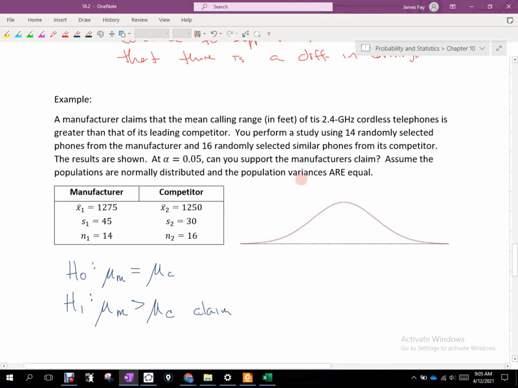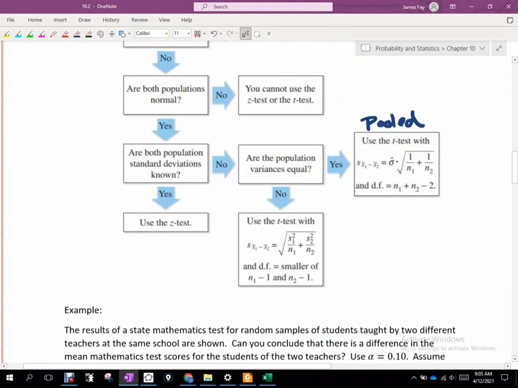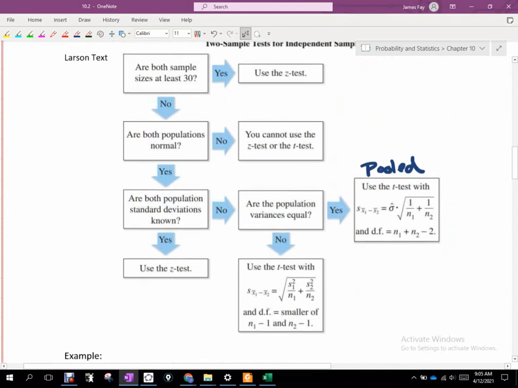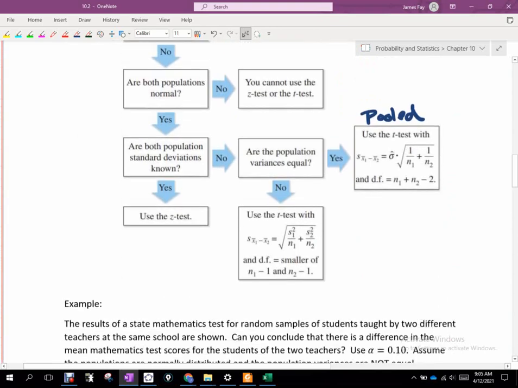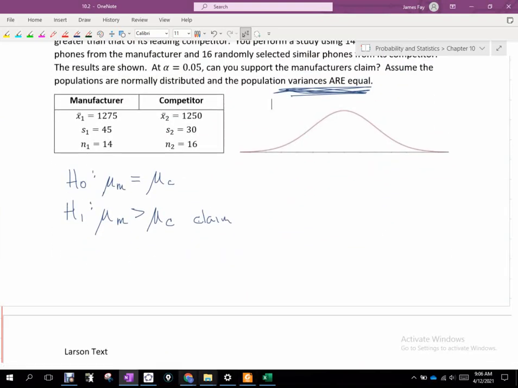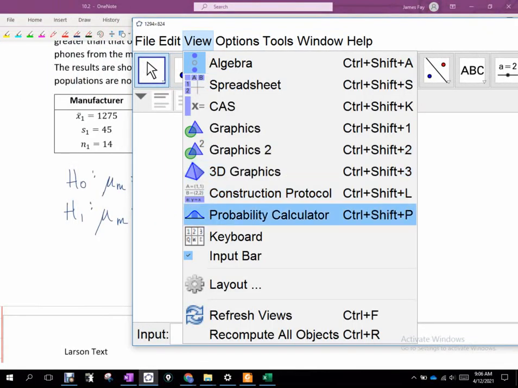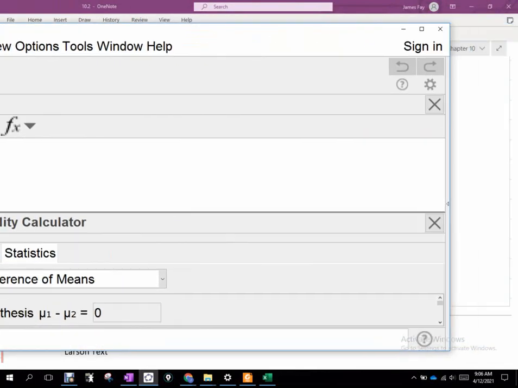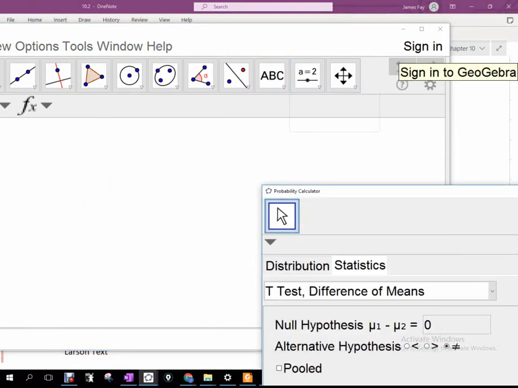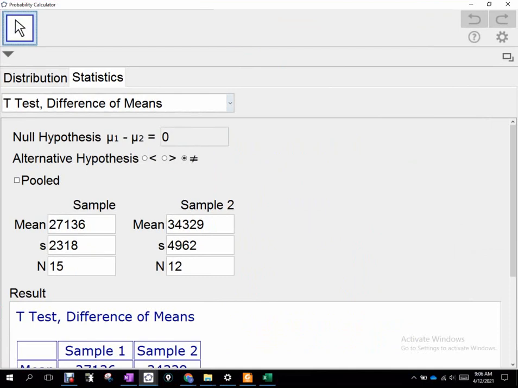Okay. So when it says variances are equal, that is pooled. They are equal, they are pooled. So we need to check that box. So once we have that, we're looking for a t-test, difference of means.